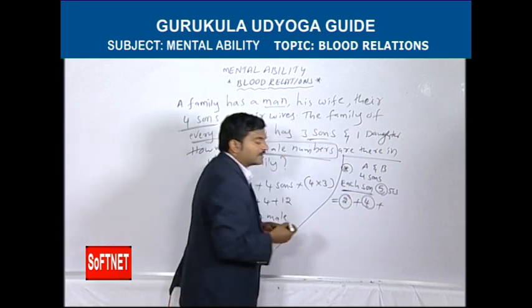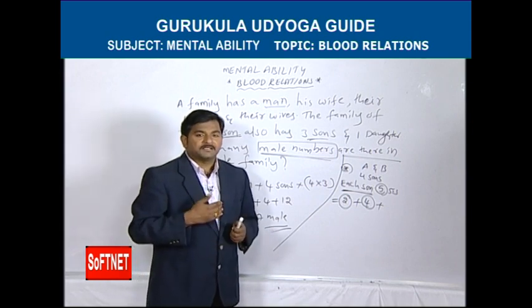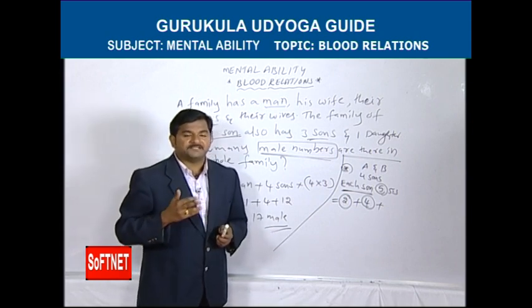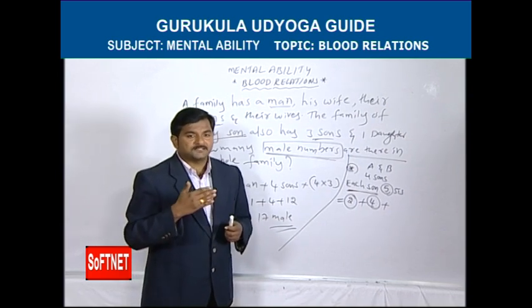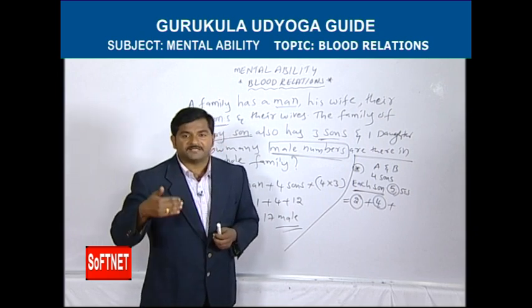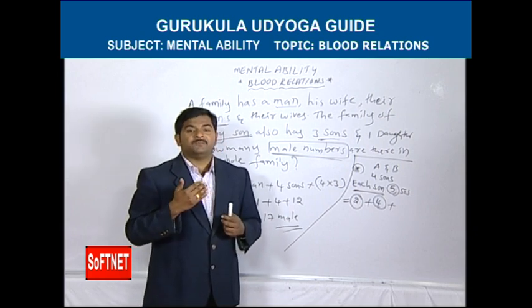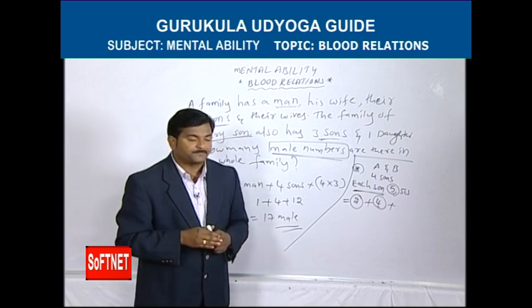Now the next one: each son is having how many sisters? Five sisters. See the logic here. Usually in a hurry, since there are four sons and each son is having five sisters, we may take 20 sisters in the family. But that thought is completely wrong.